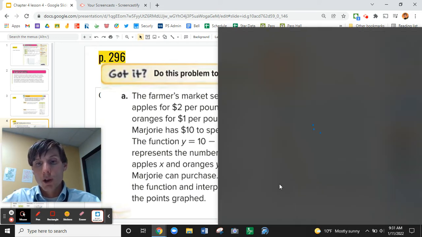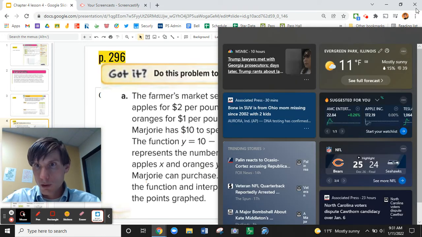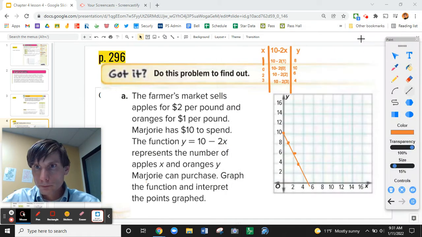One thing we notice is when we have our 0 over 10 up, right? In other words, when we spend $0 or we buy 0 pounds of apples, we can get 10 pounds of oranges.